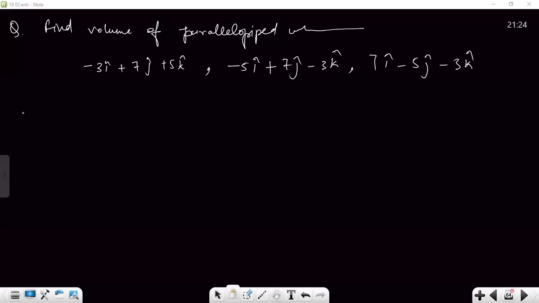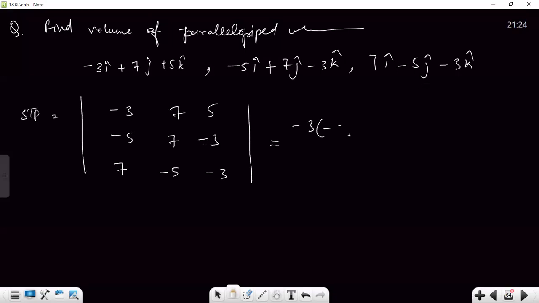Okay, so we know the STP determinant: minus 3, 7, 5; minus 5, 7, minus 3; 7, minus 5, and minus 3.